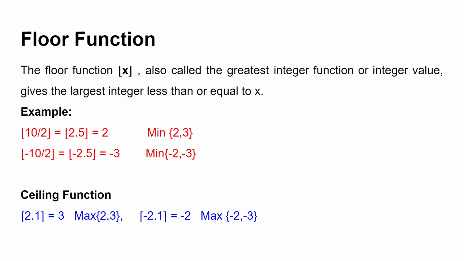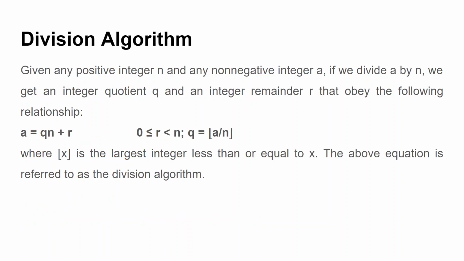Similarly, ceiling of +2.1 is 3, that is the maximum of 2 and 3. Similarly, ceiling of -2.1 is -2, that is the maximum of -2 and -3.